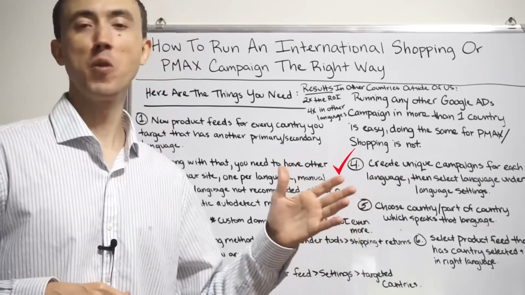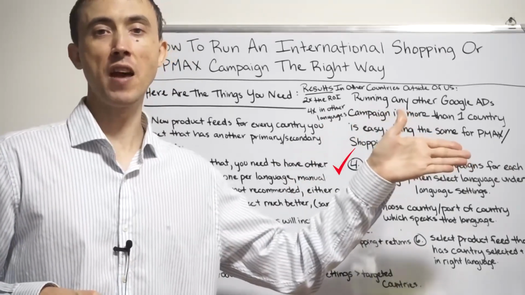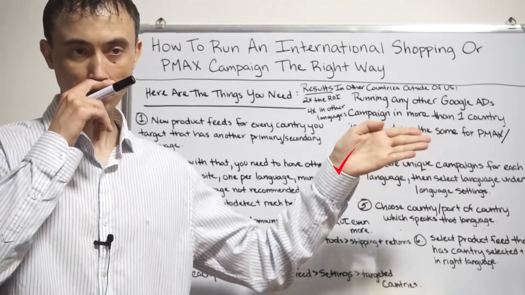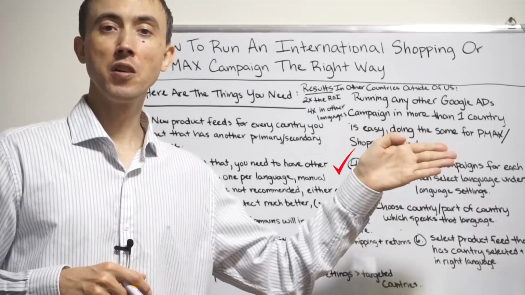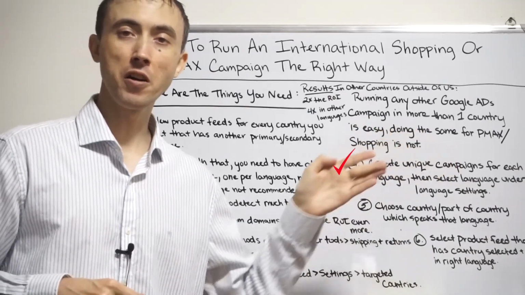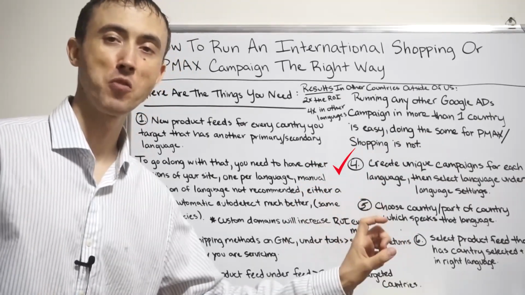And if you've been running PMAX or shopping for a while, all the history on that old campaign is going to make it so that they prefer the countries in which they have the most familiarity with, and it'll take longer, so to say, to get the new countries spooled up. So I'm just going to do a new country by itself.